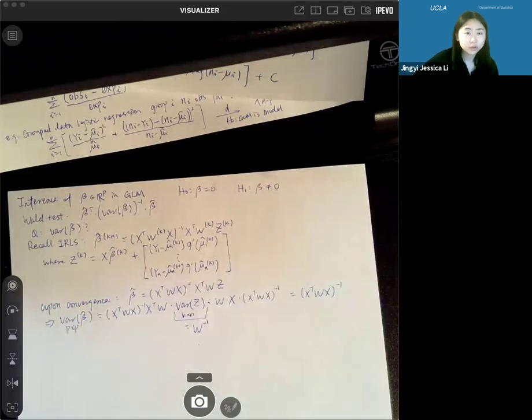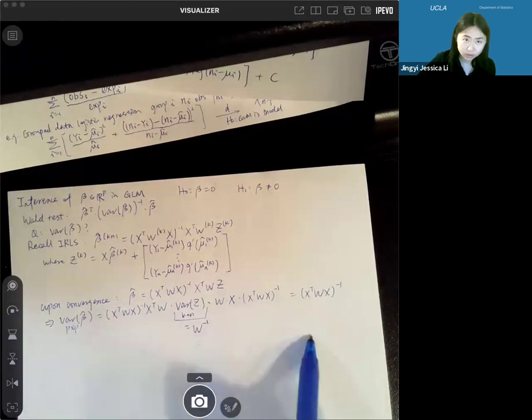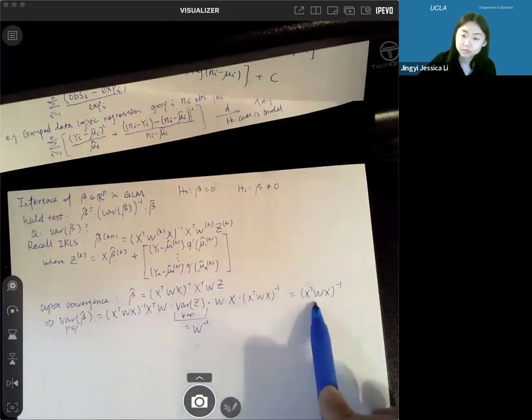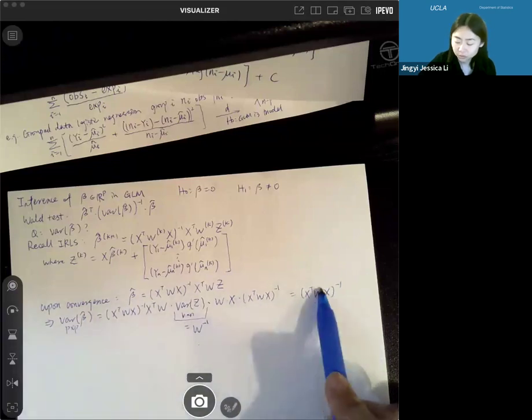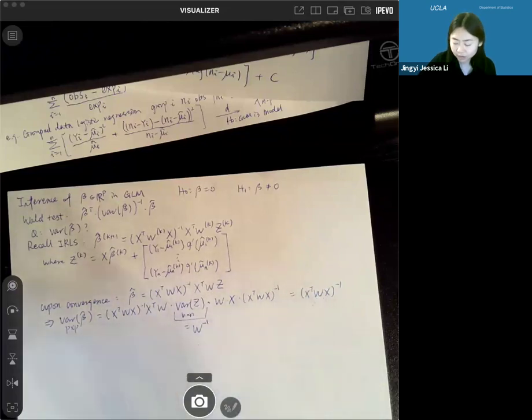Okay, so if we assume that the randomness is only in the Y and the parameters are the true values, that's what we get. But of course, W is unknown, right? So when W is unknown, we need to plug in the parameter estimate for W because the true value is unknown.